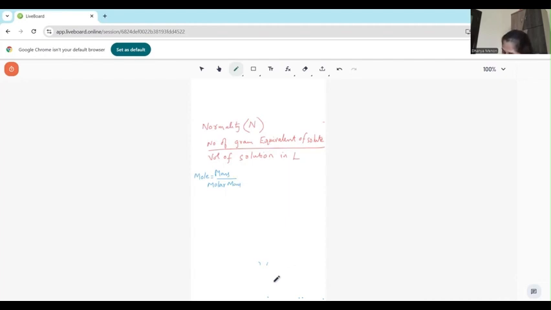Now, number of gram equivalent is given by, compare both the formulas, it will be easy for you to remember, mass over equivalent mass.